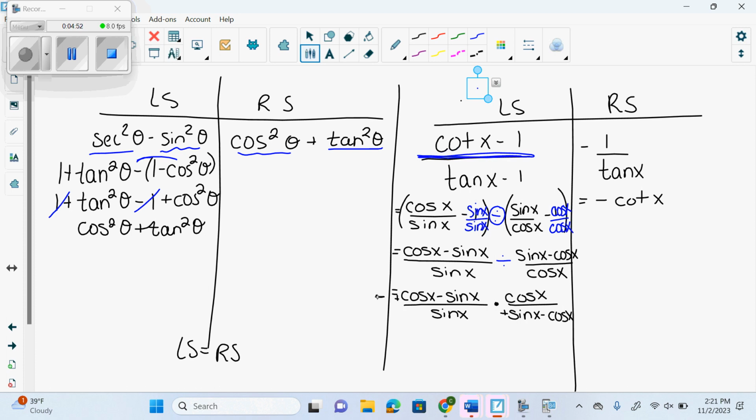If I take a negative 1 out, this positive cos will become a negative cos, and the negative sine will become a positive sine, and then they'll actually match. Then we can cancel them off. Then on the top, we're left with negative 1 times cos x, which is negative 1 cos x, over sine x, which is negative cotan x.